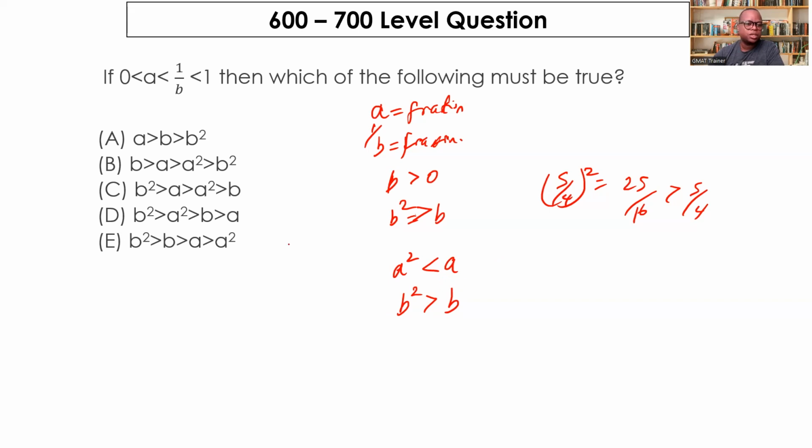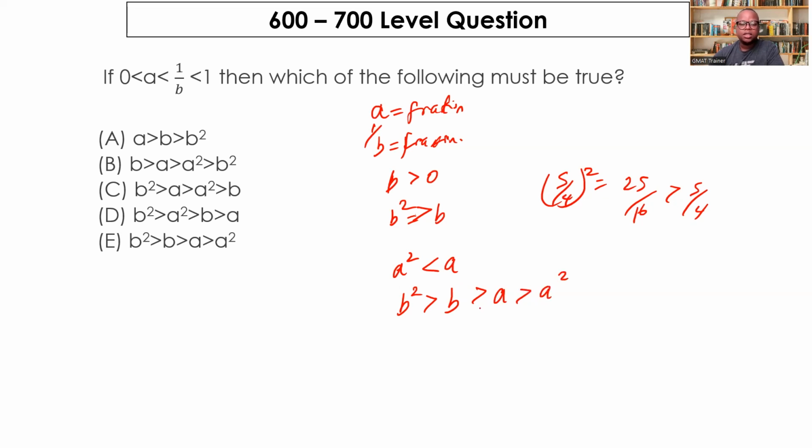Now we see the choices, the arrows are pointing in one direction, they're all greater-than signs. So we start with b squared greater than b. This one is greater than a, because a is less than 1. A is a fraction, so b is greater than a. And a will be greater than its square, a squared.